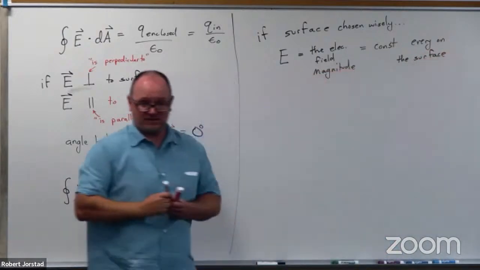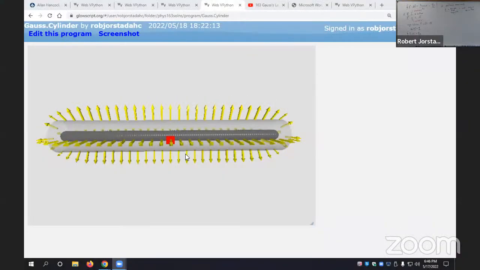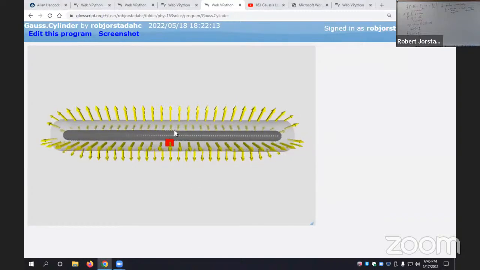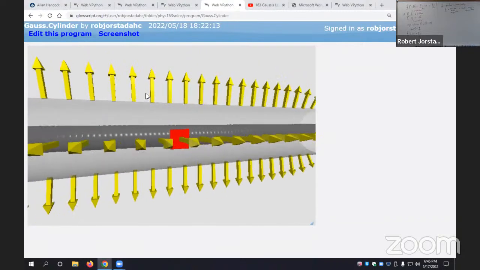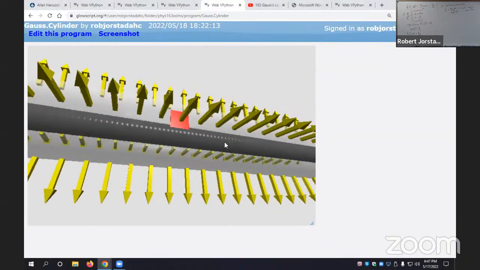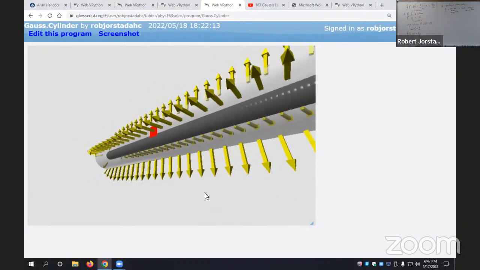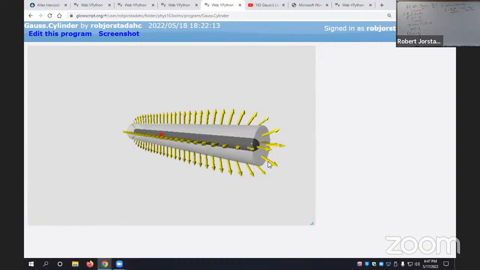Let me go back to our simulation. In this case, I generated this electric field by taking a whole bunch of point charges in there, right? When you look at it, notice the electric field arrows are all approximately the same size, no matter where they are. This is not true down here towards the end, right?